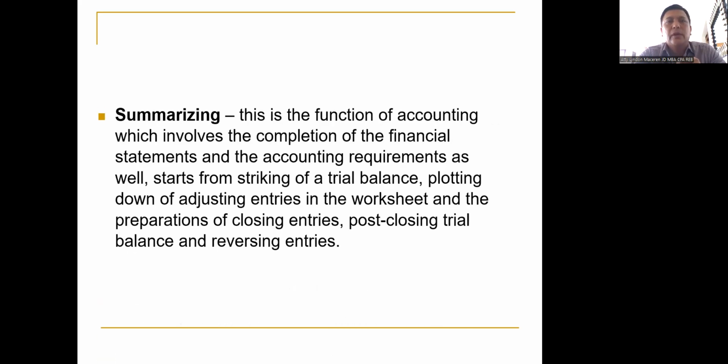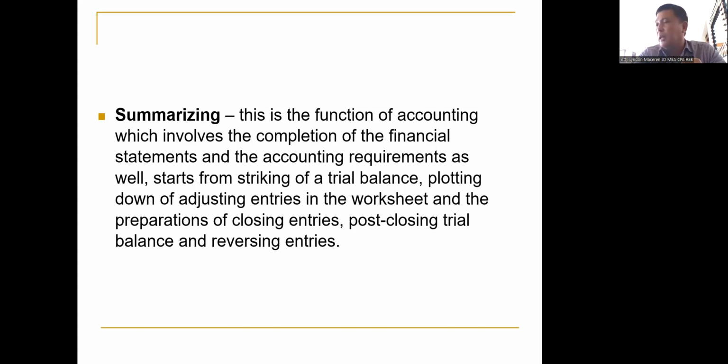The third function is summarizing. Once it is summarizing, meaning the bookkeeper now makes the financial statements and the accounting requirements as well. It starts from striking of a trial balance. So he makes the trial balance, then he plots down the adjusting entries in the worksheet and prepares the closing entries, meaning the closing of the nominal accounts or the accounts found in the income statement.